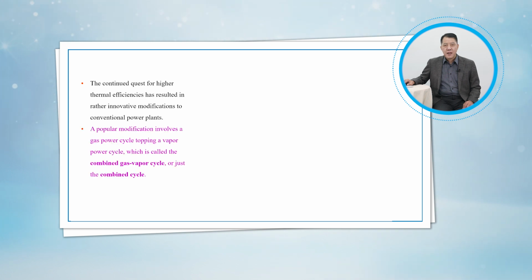The continued quest for higher thermal efficiencies has resulted in rather innovative modifications to conventional power plants. The binary vapor cycle discussed later is one such modification. A more popular modification involves a gas power cycle topping a vapor power cycle, which is called the combined gas-vapor cycle, or just the combined cycle.